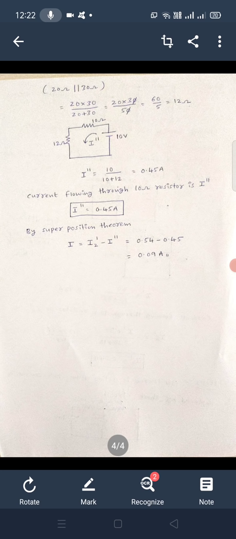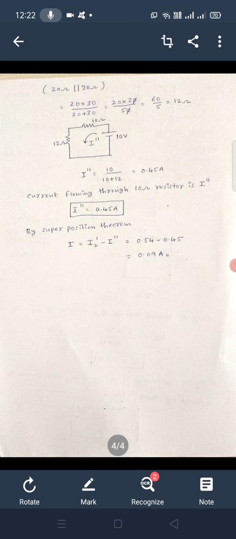The I2 dash magnitude is greater than I double dash, hence the total current is 0.54 minus 0.45, that is I2 dash minus I double dash. You will get total current I equal to 0.09 amperes.